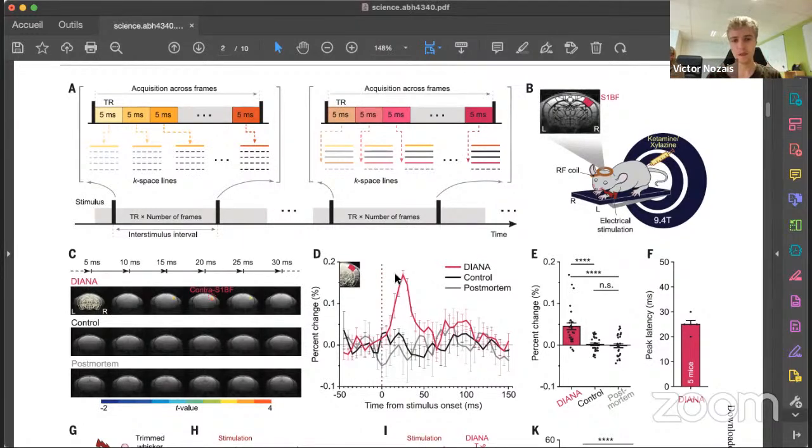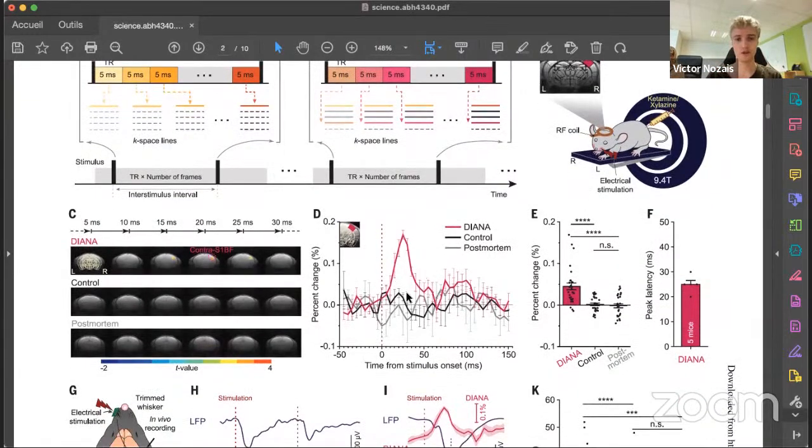And so here you have just a plot of the signal received in this area with, so they call their method Diana, so Diana fMRI. And well, there are the two controls that are staying around 0, and you have a nice spike here after the stimulation, which is at 0.